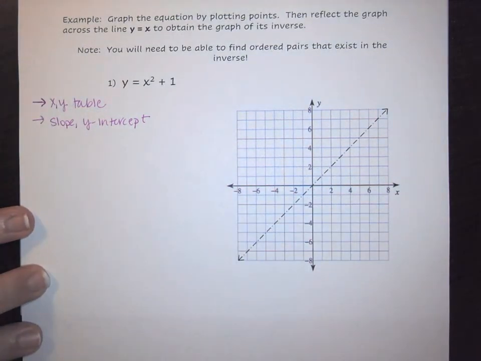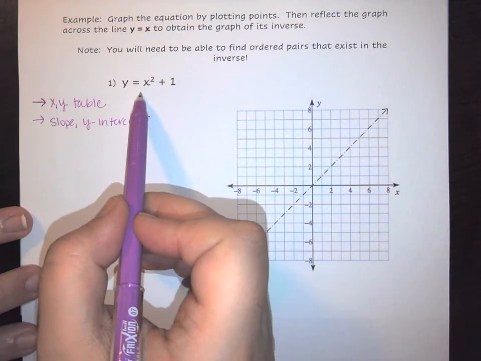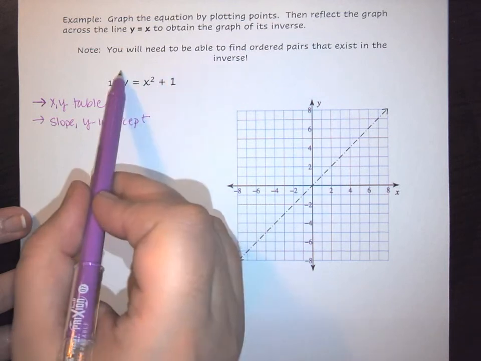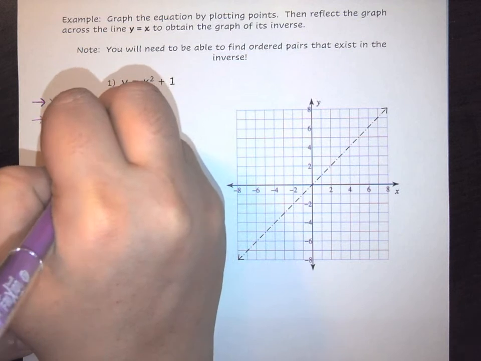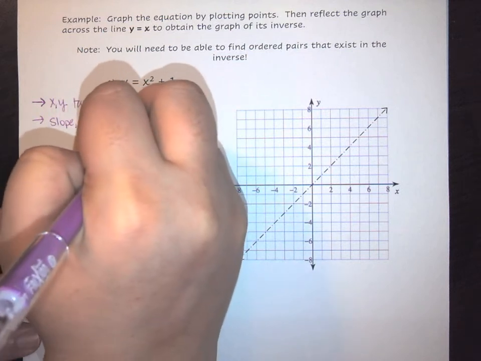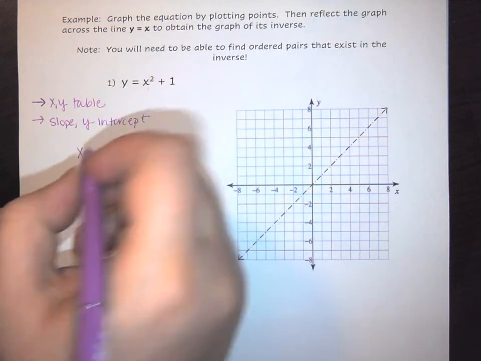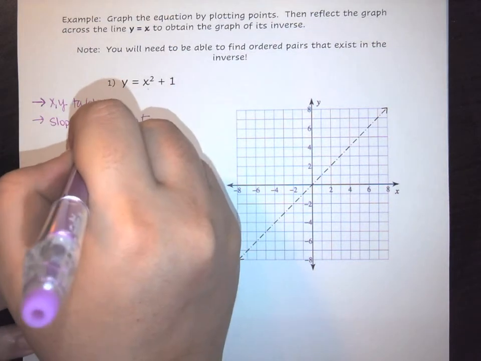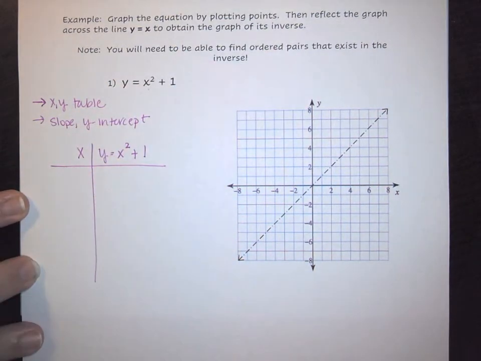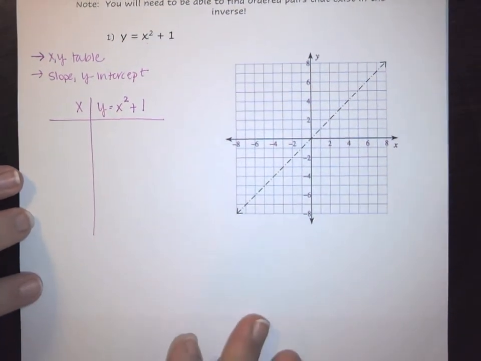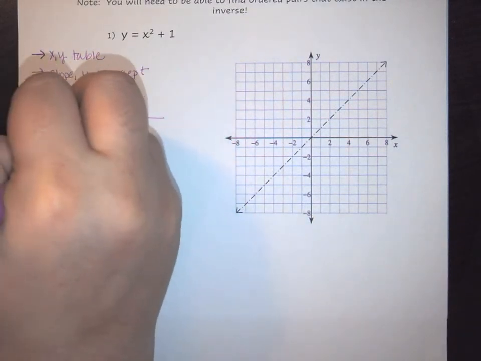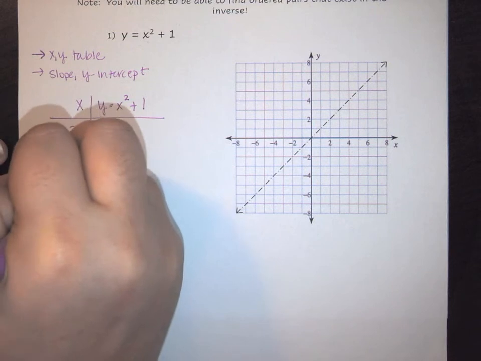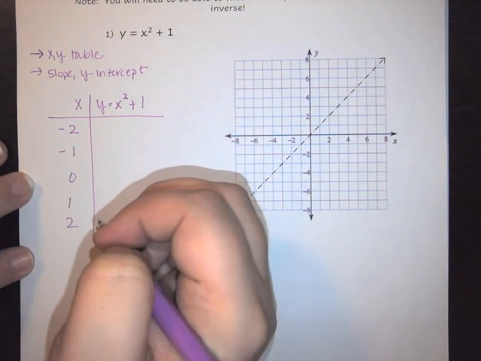Here, because I have this x squared, I'd make an xy table. So we're going to have x, and then y equals x squared plus 1. This is going to be my table. Because this is a square, I want to pick 5 points, so I'm going to use -2, -1, 0, 1, and 2.